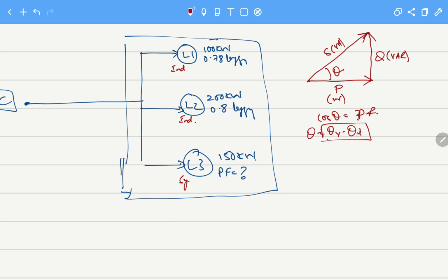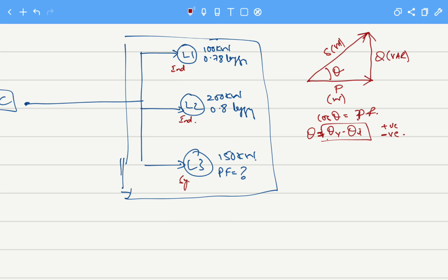If the current is lagging, then theta will be positive, and Q will be positive. If the current is leading, then theta will become negative, and the value of Q will also become negative. That means the load is supplying reactive power.